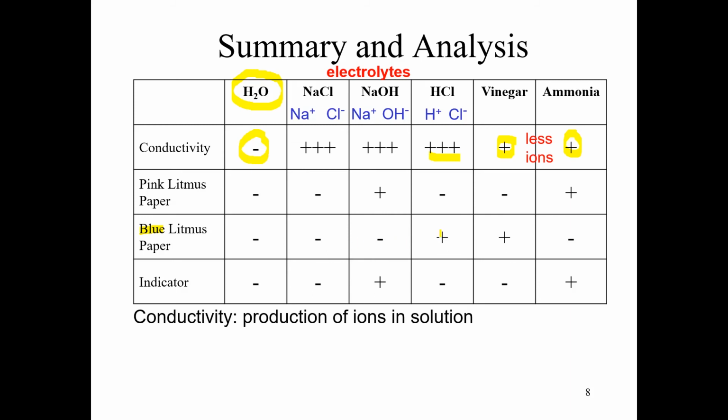That must mean that what produced the reaction in the case of HCl must have been the presence of the hydrogen ions. So the blue litmus paper test is a test for the presence of hydrogen ions in solution. And the fact that vinegar gave us a positive result in that case tells us, therefore, that the solution of vinegar must have hydrogen ions in it.